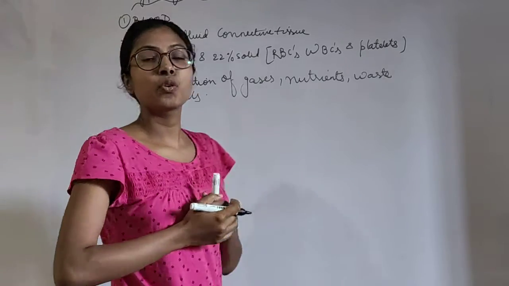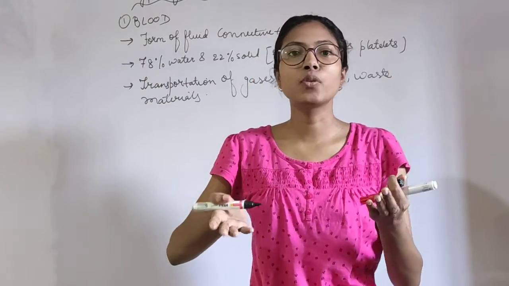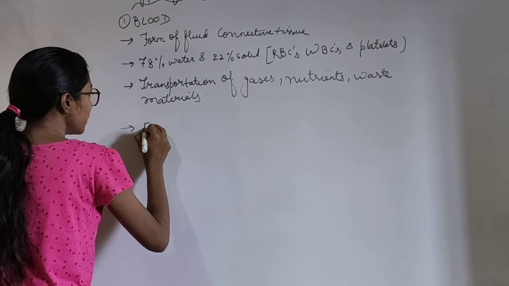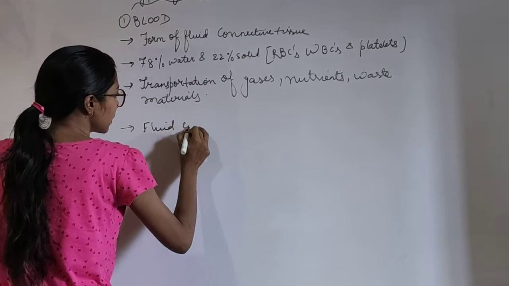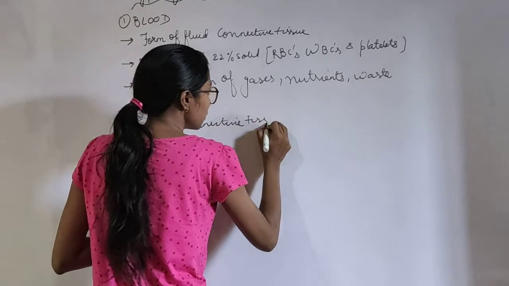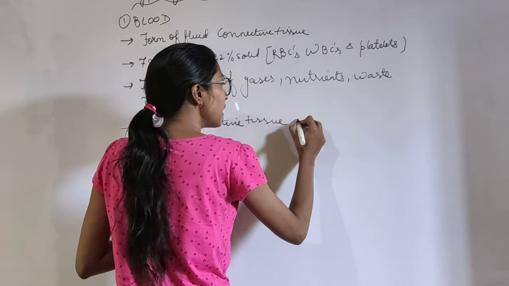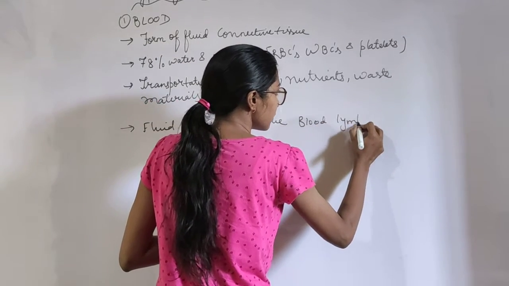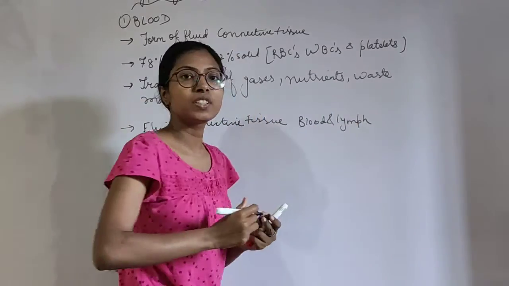Now where is fluid connective tissue present? As you all know, fluid connective tissue is present in the blood and lymph. Now you may be asking what is lymph.